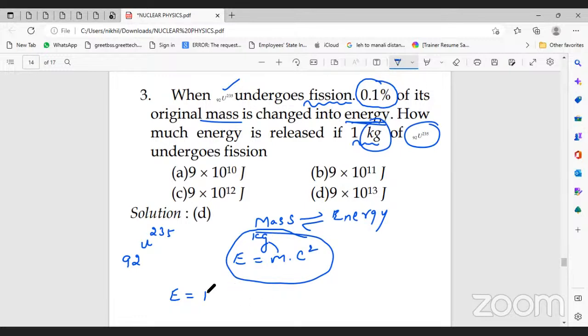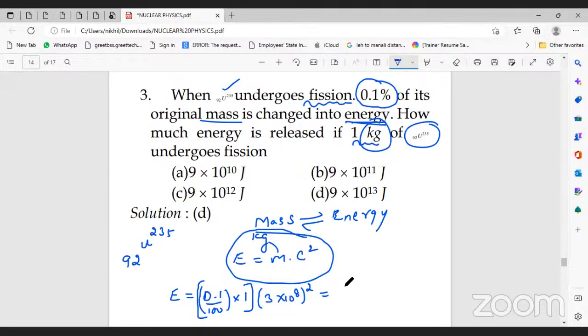What is 0.1% of 1 kg? 0.1 by 100 into 1 kg. This is the mass, into c squared. What is c squared? C value is 3 into 10 power 8, whole squared.